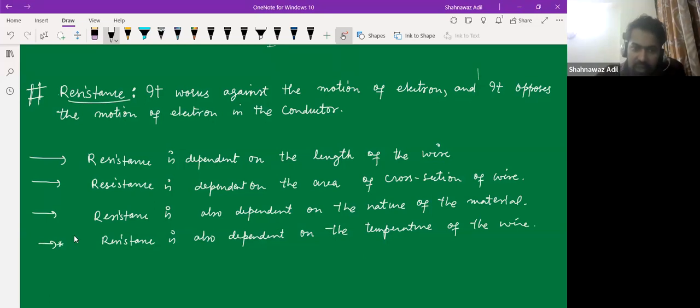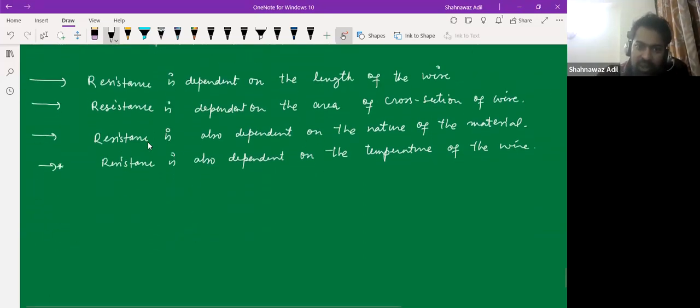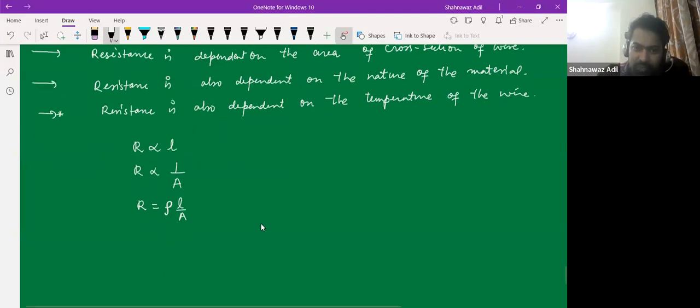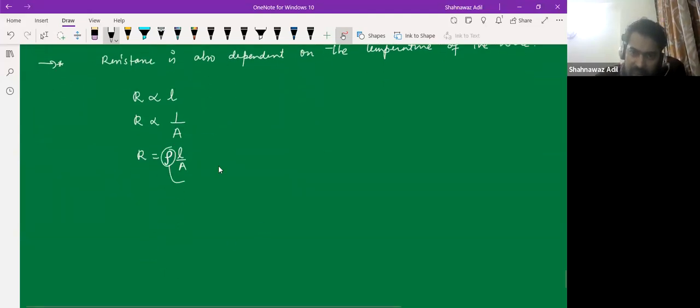This thing we will talk about later, but let us talk about all the other things, right? So this resistance is directly proportional to length. This resistance is inversely proportional to the area. And if we remove this proportionality constant, we'll get this rho, and this rho represents the nature of the material, right, and this is called resistivity.